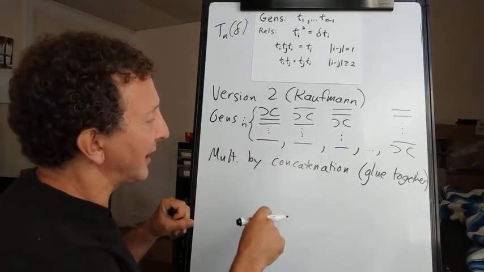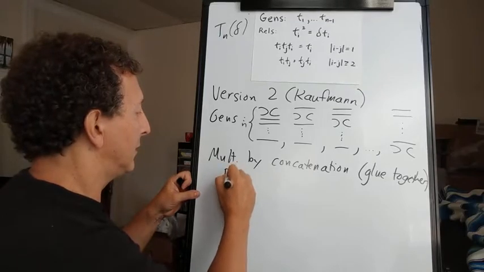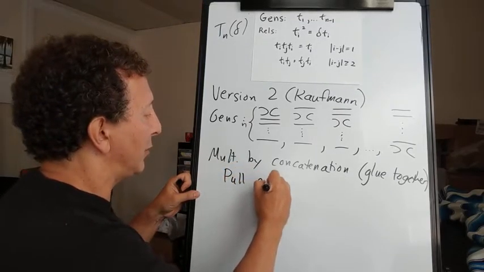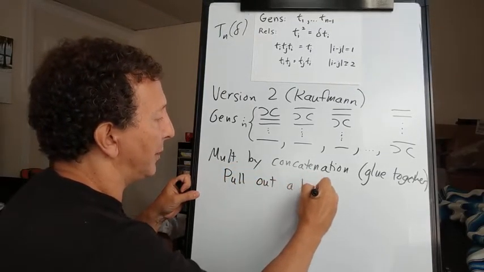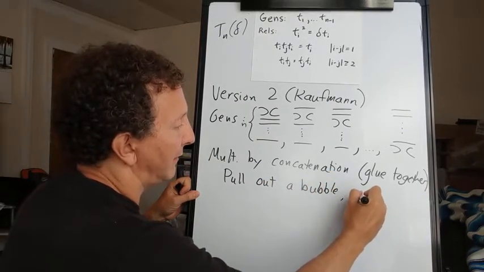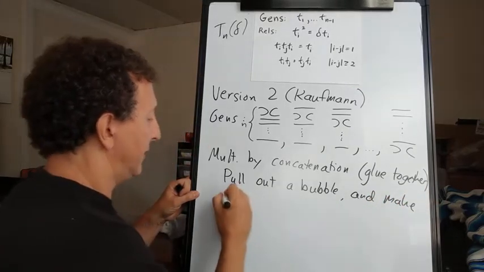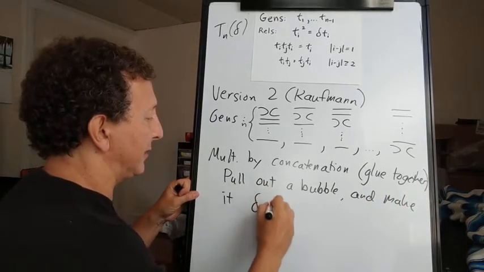So in addition to concatenating, sometimes we're going to get bubbles. We're going to pull out a bubble and make it a delta.